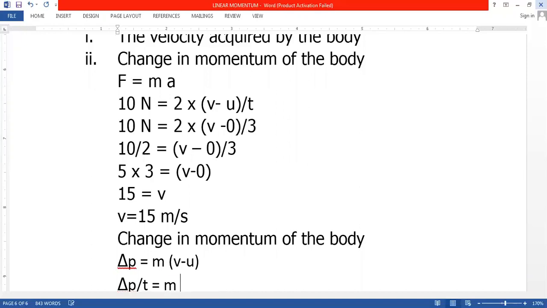So delta P is equal to how much is the mass? 2 kg into how much was the change in velocity? Final velocity was 15 meter per second, and initial was 0. Just now we calculated final velocity.